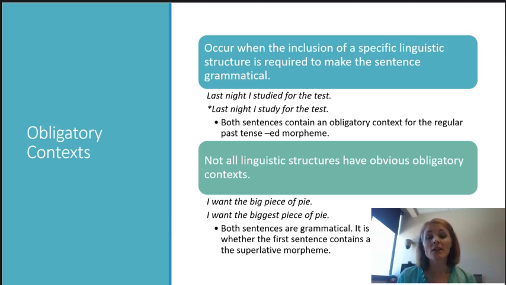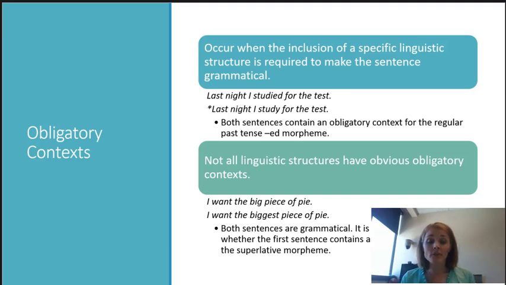Okay, so not all morphemes have easily identifiable obligatory contexts. So if we look at the superlative morpheme, or the -est in biggest, we can look at the first example, "I want the big piece of pie," and the second example, "I want the biggest piece of pie." And both sentences are grammatical.